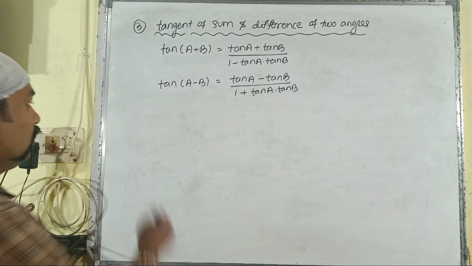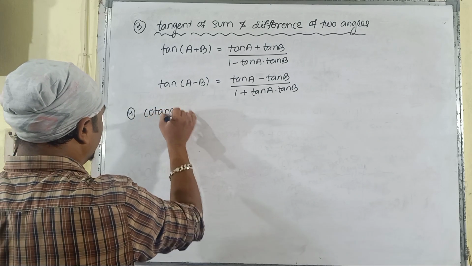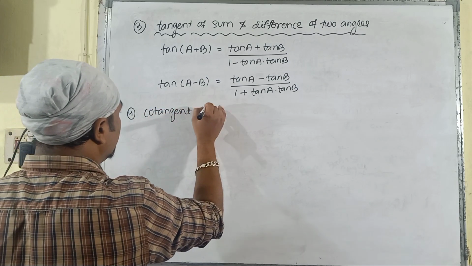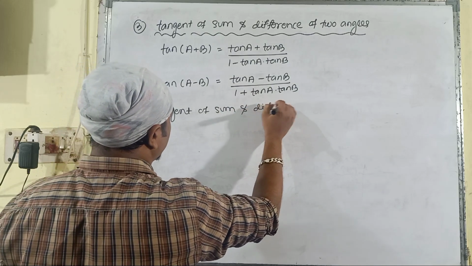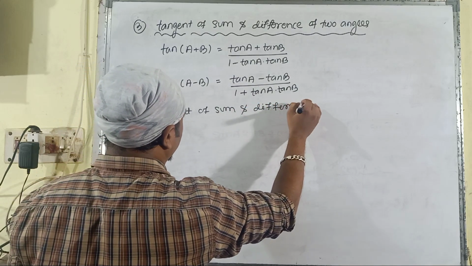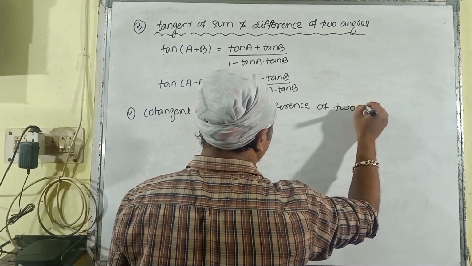Then the fourth one, the cotangent of the sum and difference of two angles.